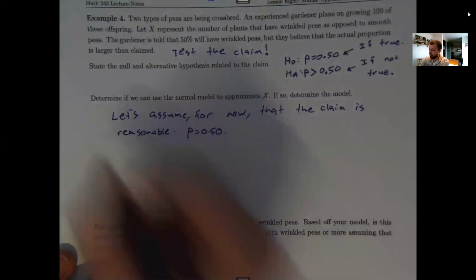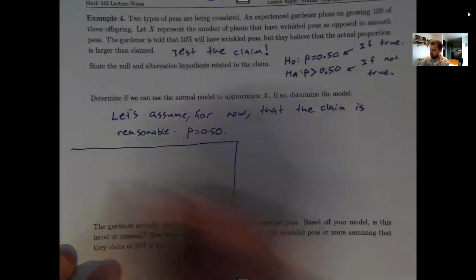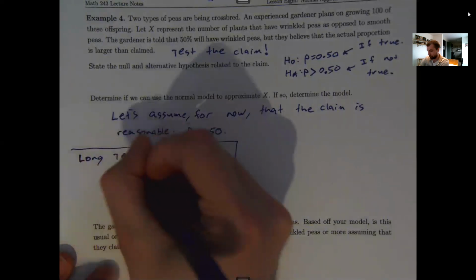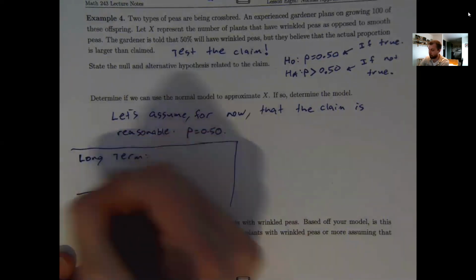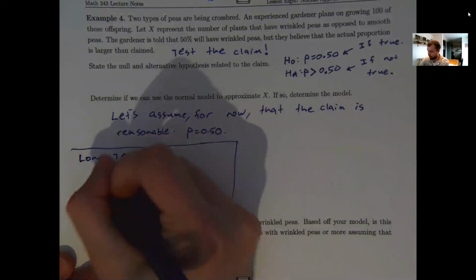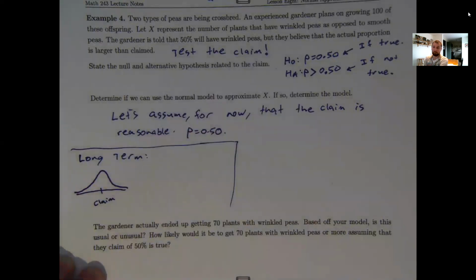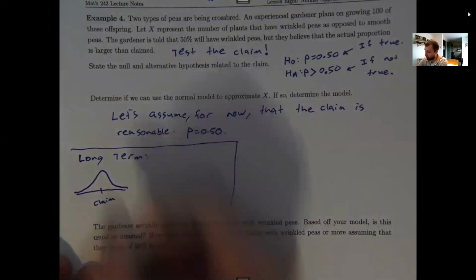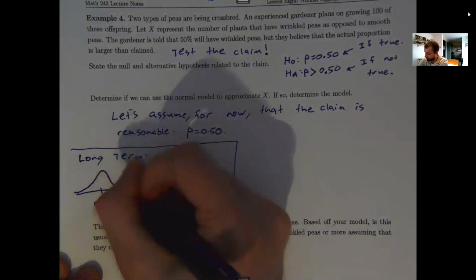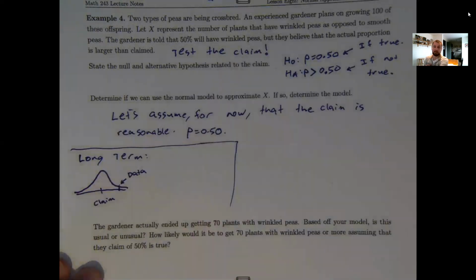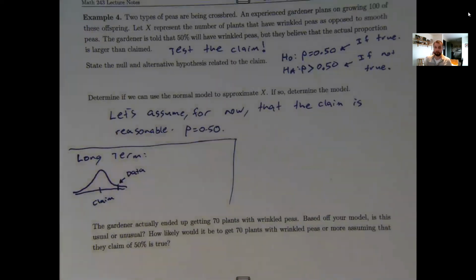And long term, this is what I'm going to be trying to do. I'm going to come up with a curve that's based off of the claim value that they tell me. And I am going to compare my data to that claim to see if it looks close or not close.